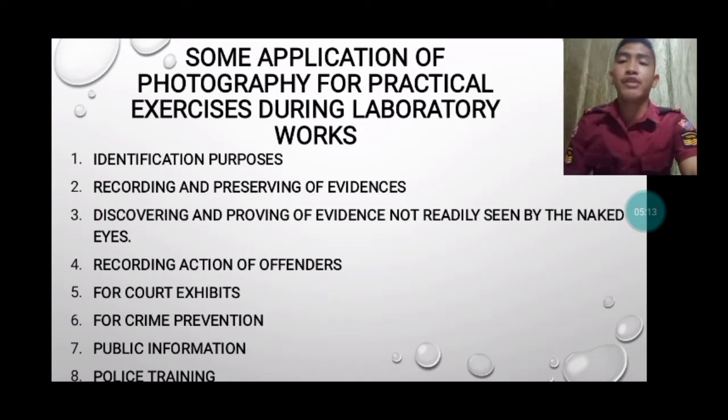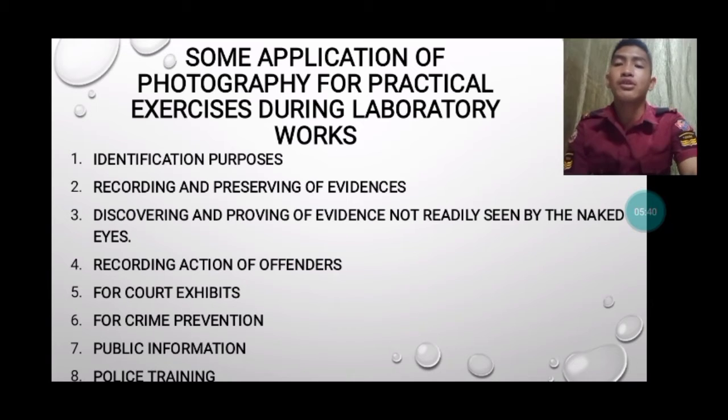First is identification purpose. We identify who is the victim and who is the criminal through photography. Second is recording and preserving of evidence. We preserve evidence by capturing it in images. Third is discovering and providing evidence not readily seen by the naked eye.